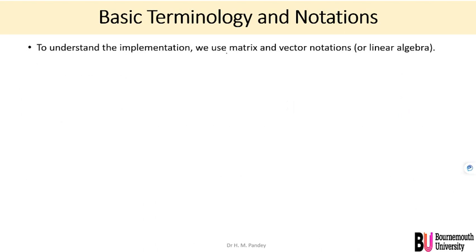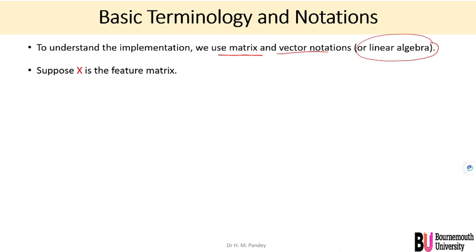I suggest you read linear algebra to understand matrix operations, like how to add two matrices, how to get the transpose of a matrix, how to get the transpose of a vector, how to do matrix multiplication. These are some basic operations related to matrices and vectors. I highly suggest you go through matrices and vectors in linear algebra.